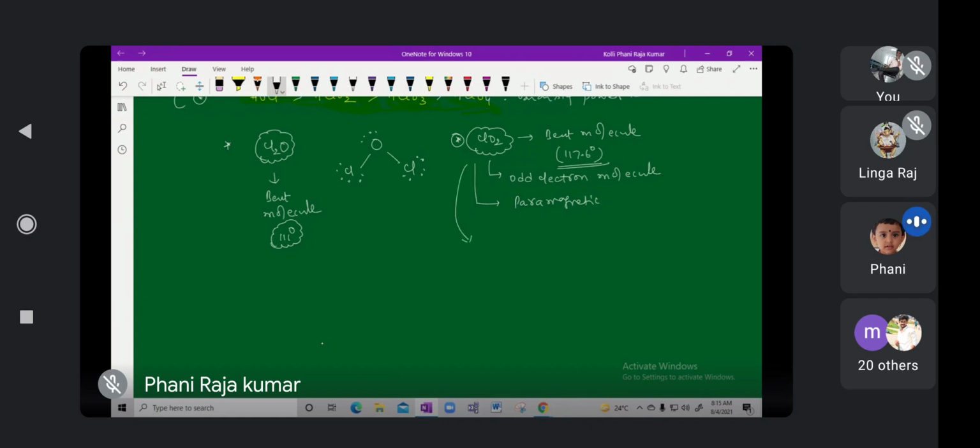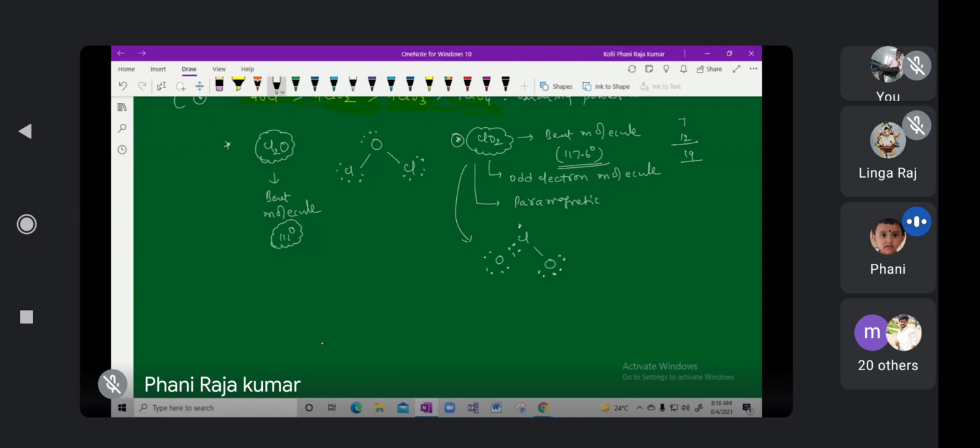And in this we have Cl double bond O, double bond O. A total of 7 plus 2 into 6, 19 electrons. 9 pairs we have to accommodate. So first pair, second pair, third, fourth, fifth, sixth, seventh, eighth, ninth, and one odd electron.